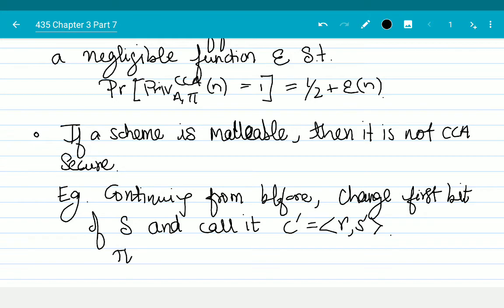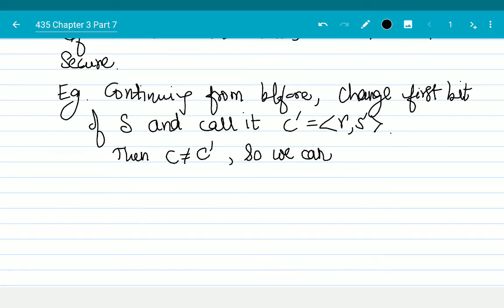Okay, then c is not equal to c prime, so we can ask for decryption. So we can ask Dec_k of c prime.